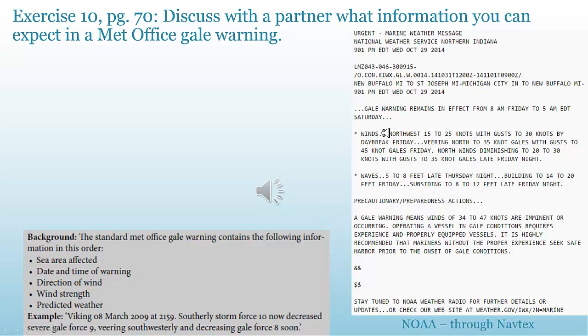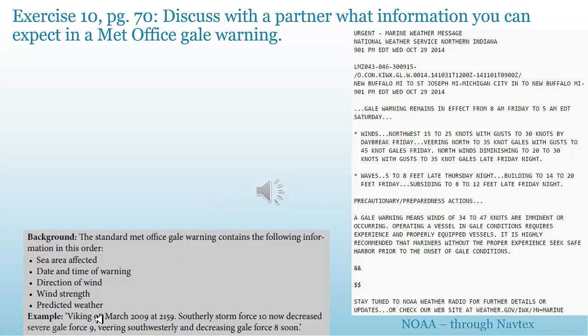Direction of the wind, we had that up here, northwest. Here, wind strength, they have 15 to 25 knots, but they're going to use the Beaufort scale for the British weather report, and the predicted weather. Just like over here with NOAA, they're talking about what's going to happen in the next 12, 24, 36 hours. Same thing here, predicted weather.